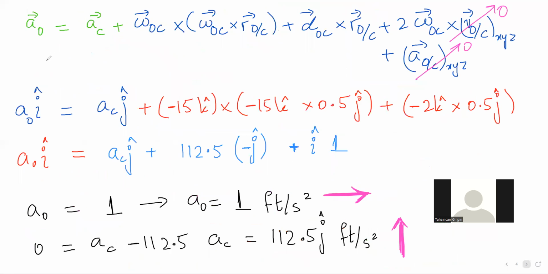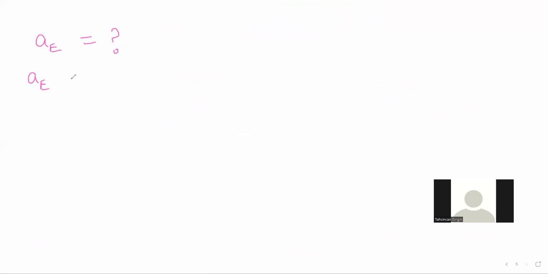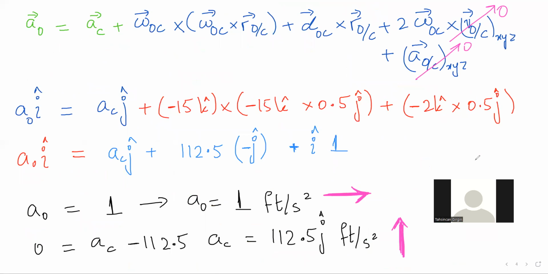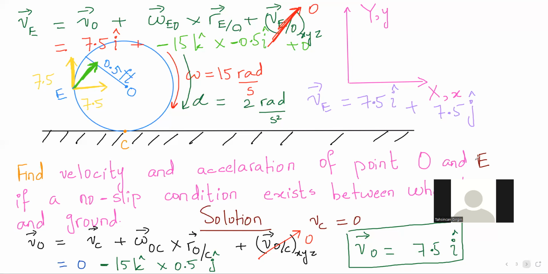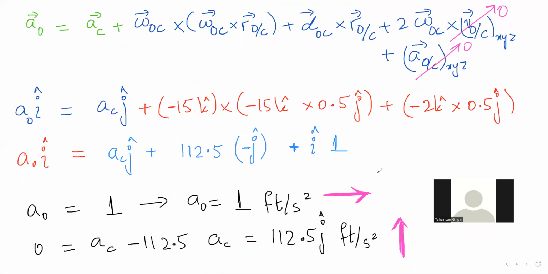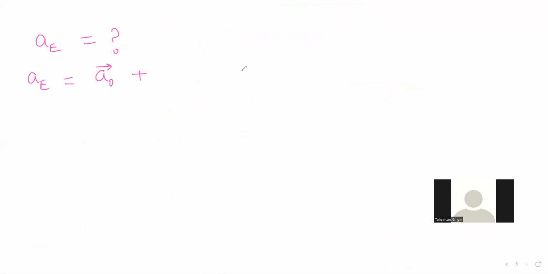Okay, so let's do it. AE equal to AO plus omega EO cross omega EO cross position, plus alpha EO position.